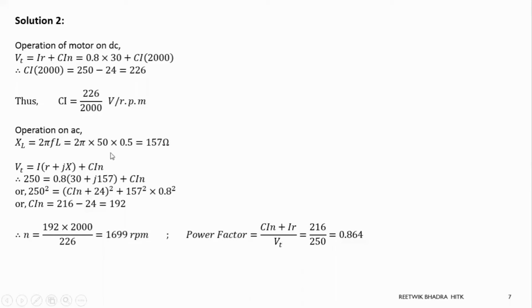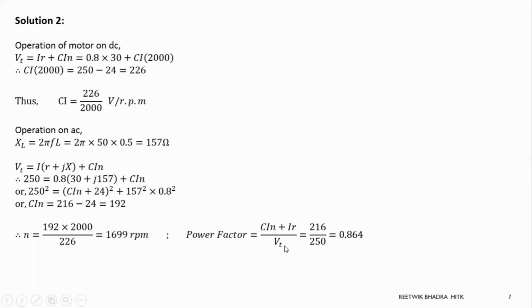So Cin plus IR, Cin is nothing but 192. Plus IR you can calculate, 0.8 into 30. So 192 plus 30 gives you 216 divided by VT 250, which is equal to 0.864. Please take care of that.